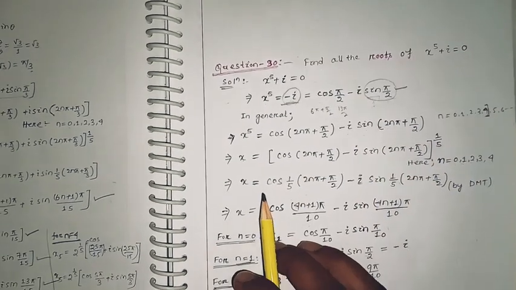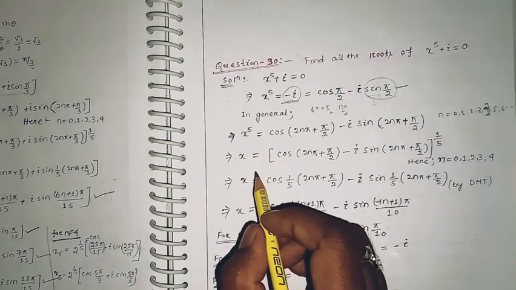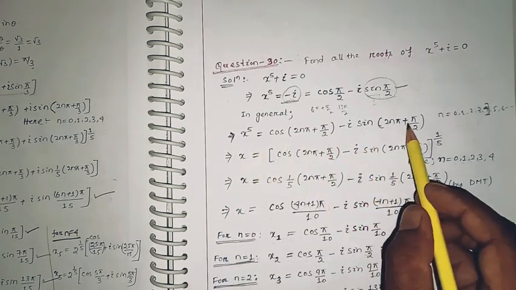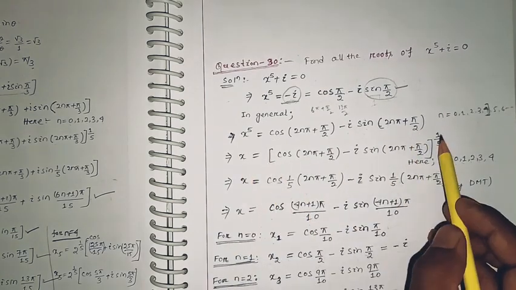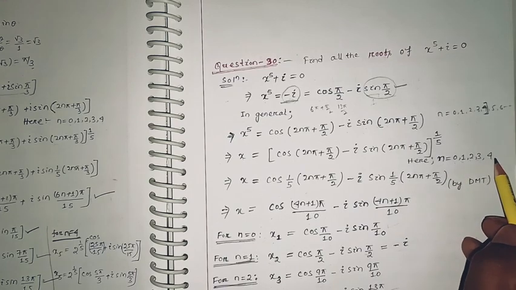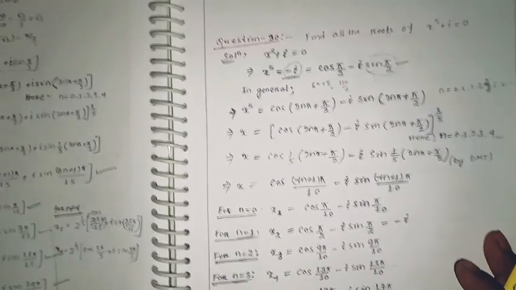so it will be minus i. Okay, now we are going to use DMT. Here x to the power 5 is this much, so x will be this much to the power 1 by 5, and here n, as I told, we consider up to 4 to find the 5 roots.